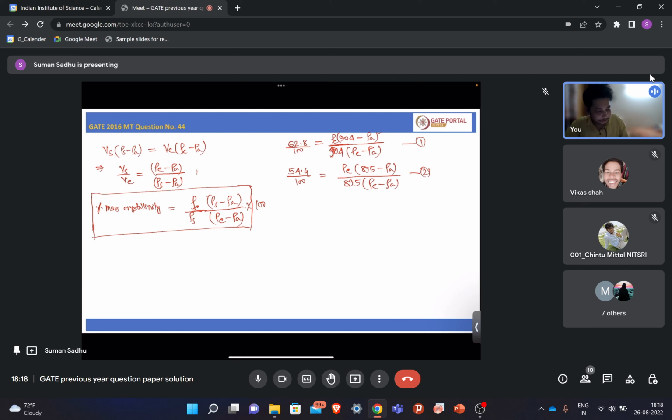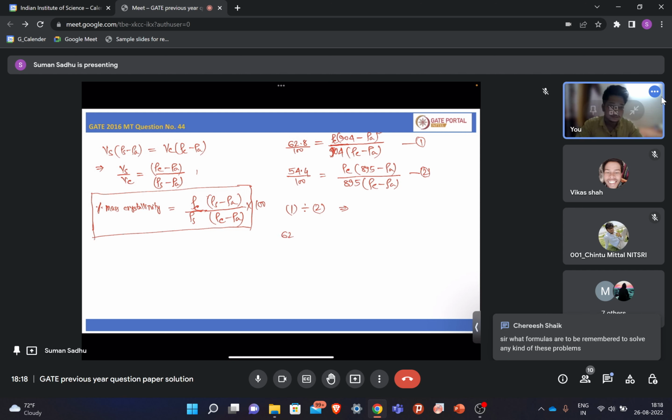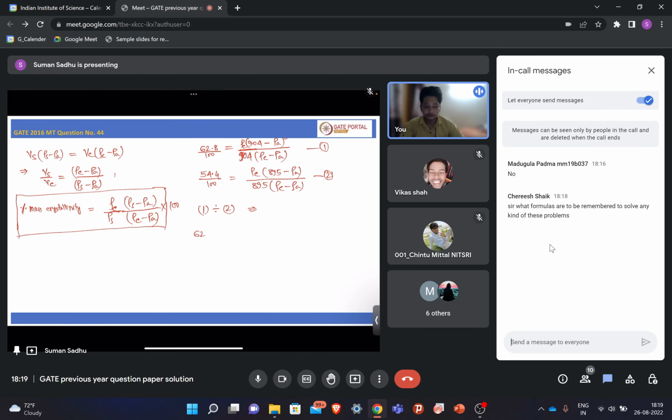Now, if we divide equation 1 by equation 2, we will get the solution. To solve these questions, if you remember this formula only, then you can easily approach from this part.